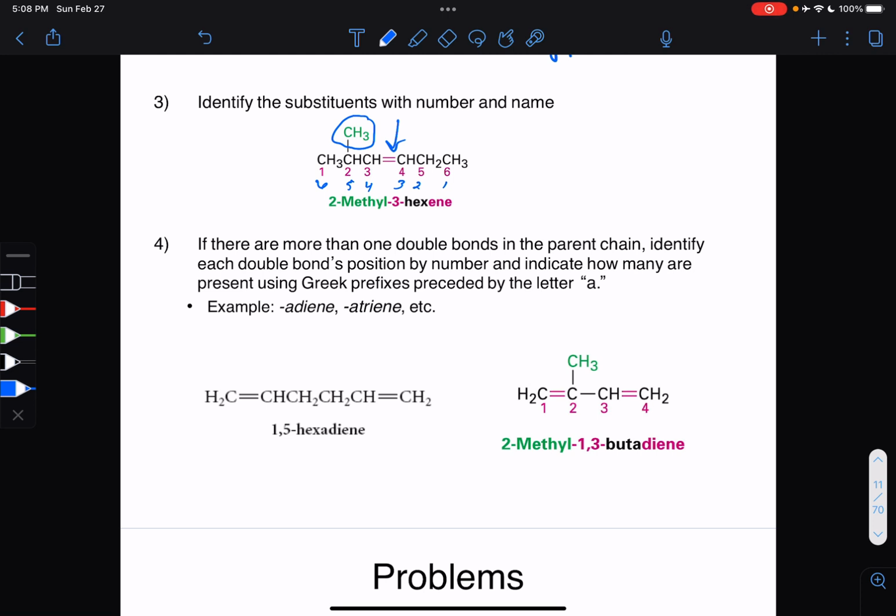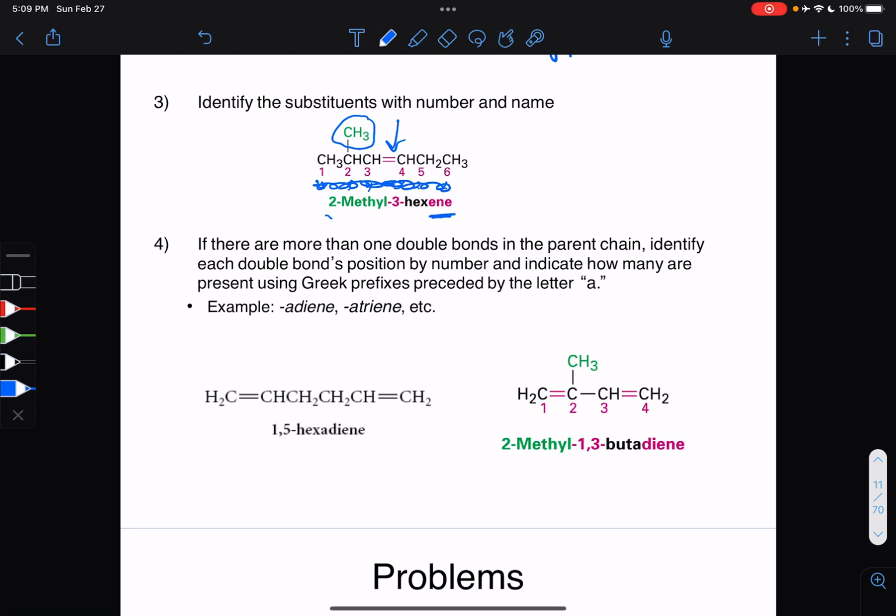But remember, the low numbering takes precedence for the alkene. So that one had to come first, but on this particular molecule, it didn't matter. So what we had is we have a 2-methyl.